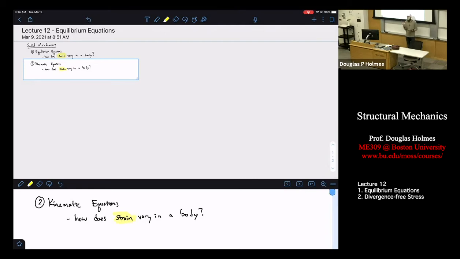But their strain, just like stress, is also a tensor. So that means strain is a 3 by 3 tensor, so it's got 9 components. And due to symmetries, only 6 of them are unique. But there's a problem there. You have 3 dimensions of displacement and 6 possible values for strain.